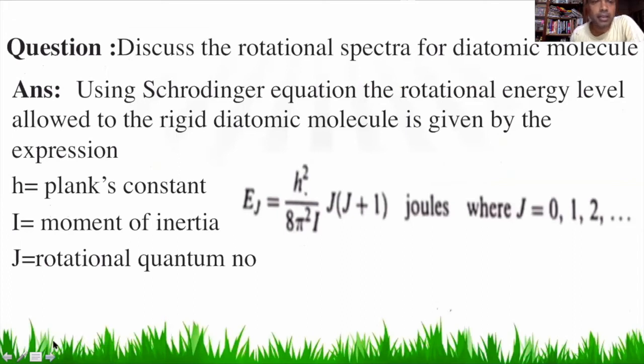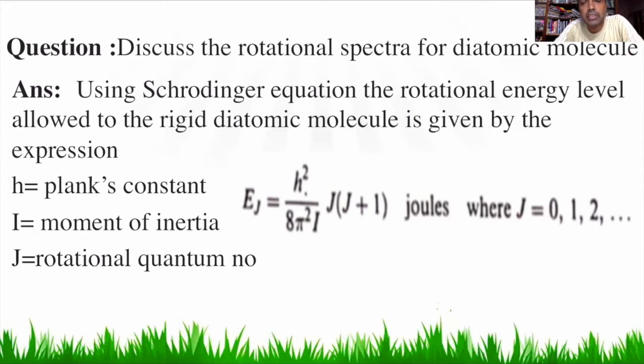Let's come to another discussion where you are asked to discuss the rotational spectra for diatomic molecules. Here you need not go into the details of the Schrodinger equation and its solving. Just remember that the Schrodinger equation gives the different rotational energy levels allowed to a rigid diatomic molecule, and rigid means they are fixed.